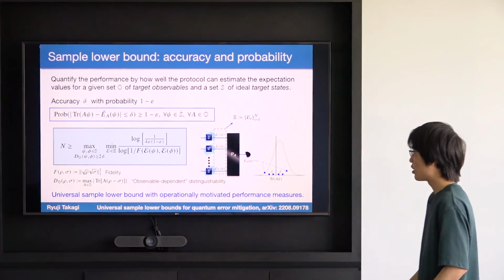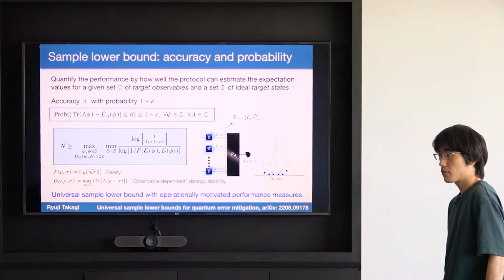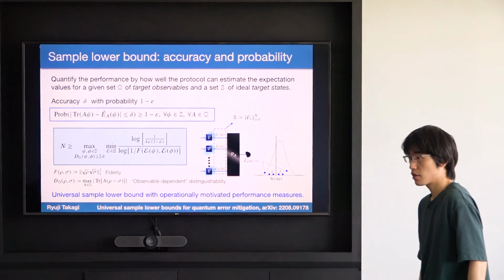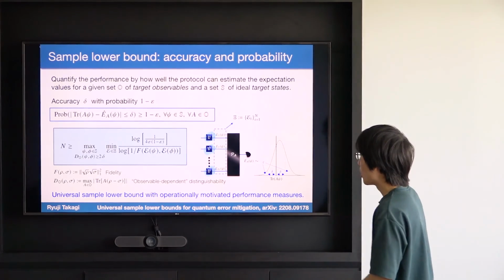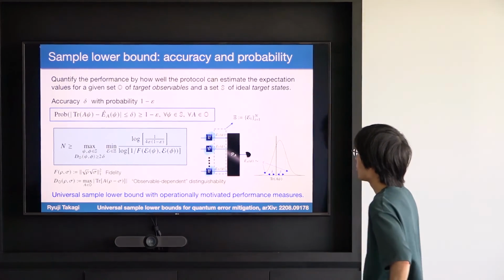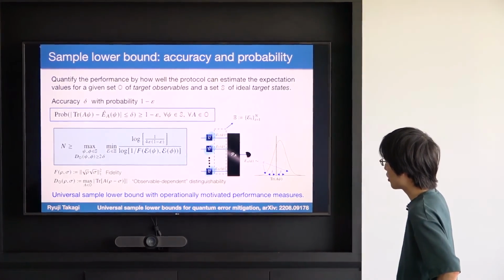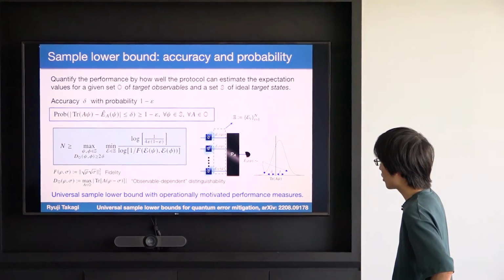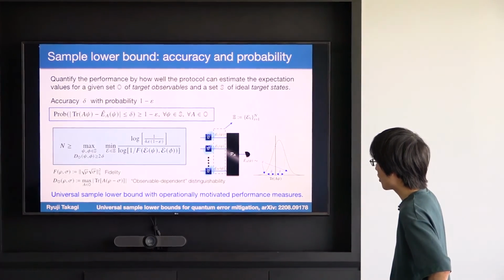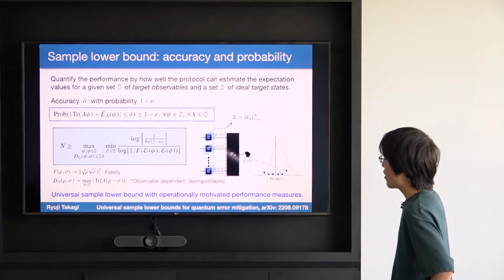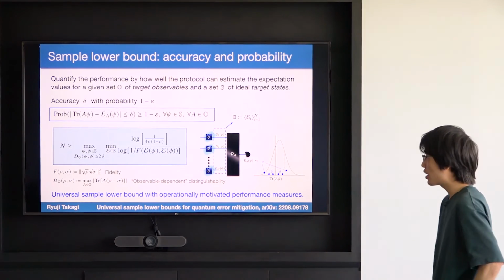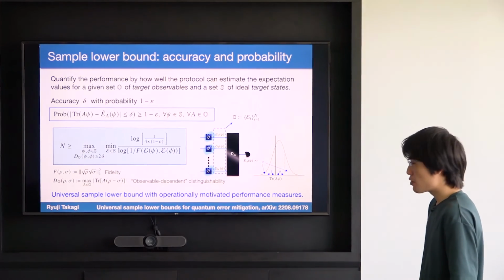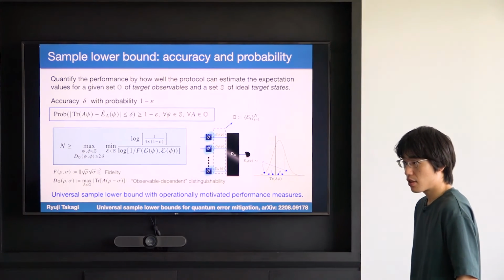Yeah, this one. Do you have any thoughts for when the noise maps are Gaussian? I'm trying to see if you think there's some relationship with the covariance of the noise maps. Sorry, I haven't given much thought to it. Maybe you were thinking about the bosonic system?